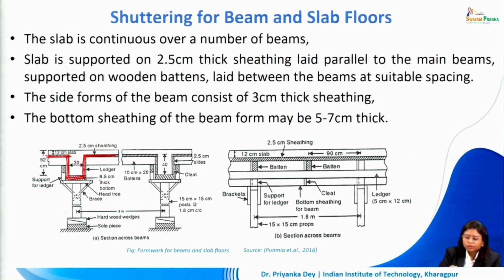Beneath this, we are using something called a head tree here. This is the member which is now going to be connected and supported with the help of braces for support. These posts, or also called props, will be resting on sole pieces and wedges in the bottom at the floor level.